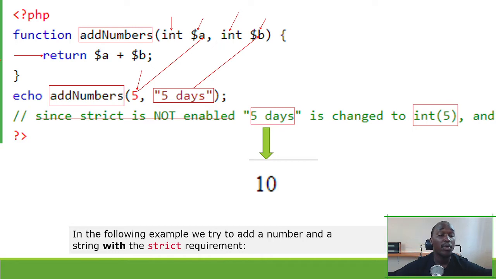Therefore, when you run this program, the output is going to be 10, because this string "5 days" is going to be converted to an integer. So the sum is still going to work. While that might appear to be nice, it's not very advisable, because it can bring unexpected errors in your program, which might be very difficult to troubleshoot.